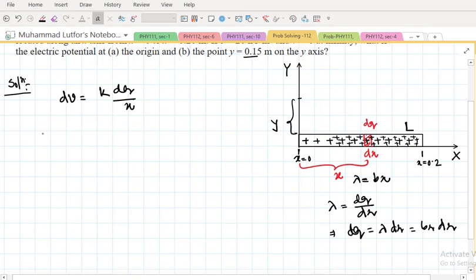Now if we want to find the total electric potential at the origin due to the whole rod, we integrate.